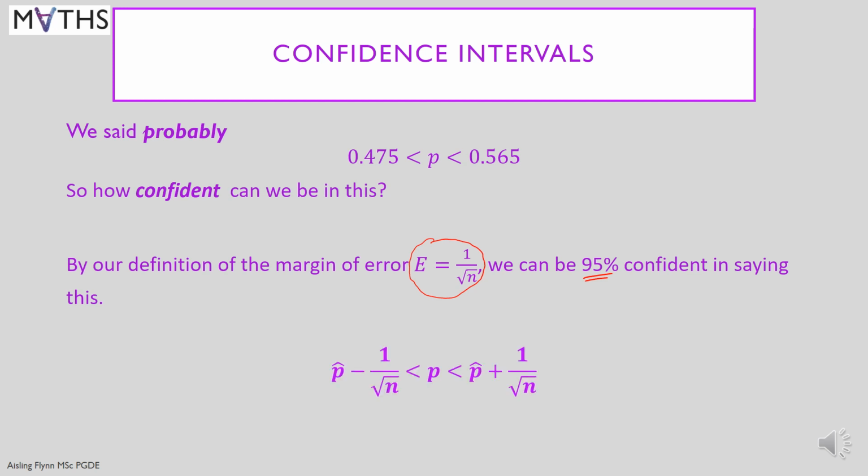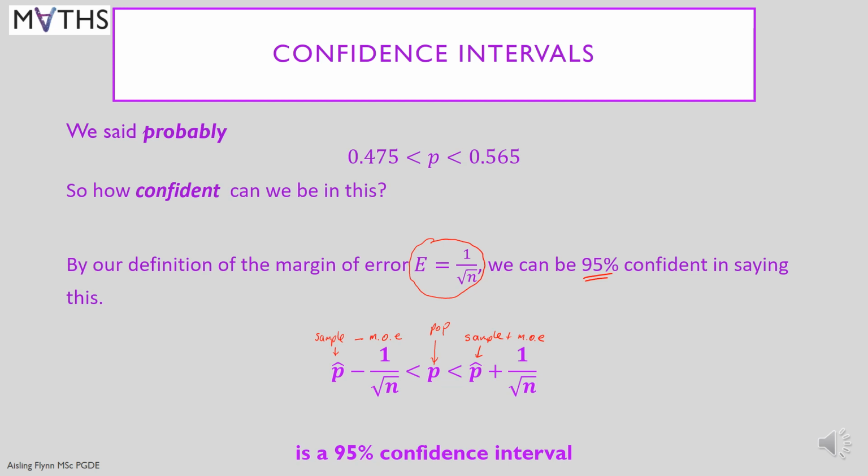So, writing what we've done here, the true population proportion, that's regular P, lies between the sample value, P hat, minus your margin of error, which was 1 over root n, and up to the sample value plus your margin of error. So we can be 95% sure in saying that.